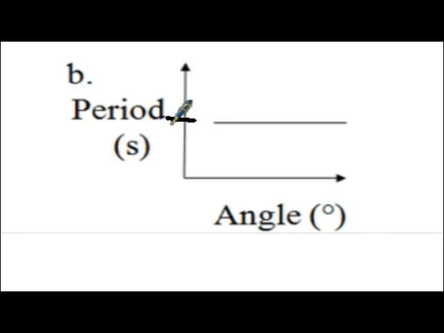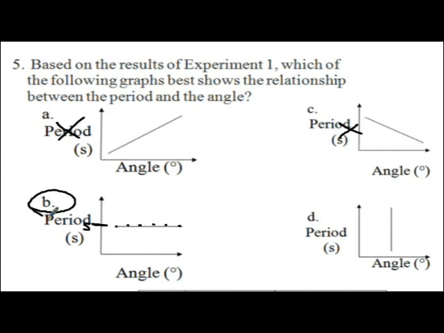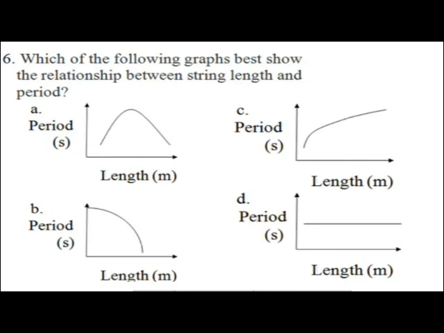If we were to put a number on here, maybe like 5 or whatever it may be, the period's staying the same, but the angle is increasing. Okay, so letter B is the correct answer. Letter D, you can rule that out because your angle would be staying the same, but your period would be increasing.